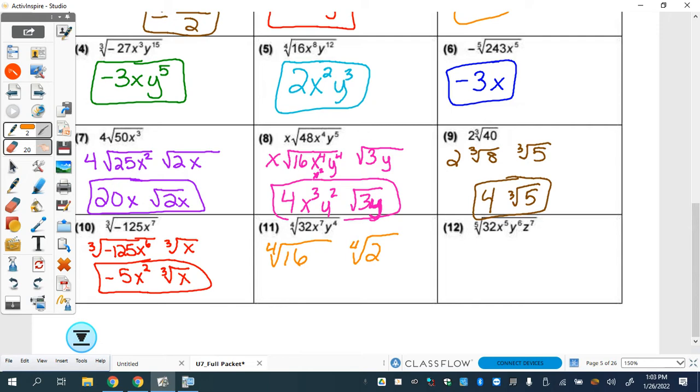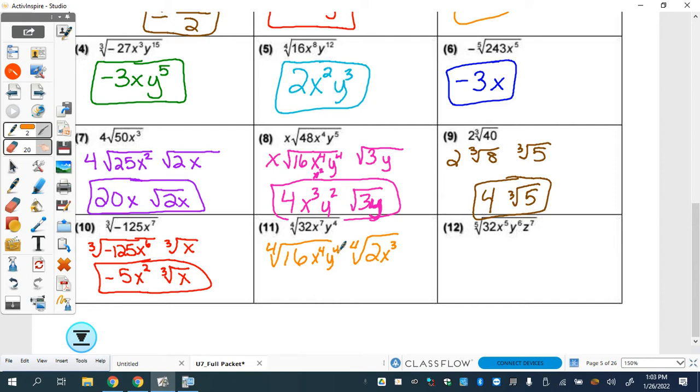So x to the 7th, is that a perfect fourth? No. So the largest perfect fourth that I could pull out of there, though, is x to the 4th, leaving x to the 3rd in the other one. And then y to the 4th is a perfect fourth, so that's going to go in the first one.